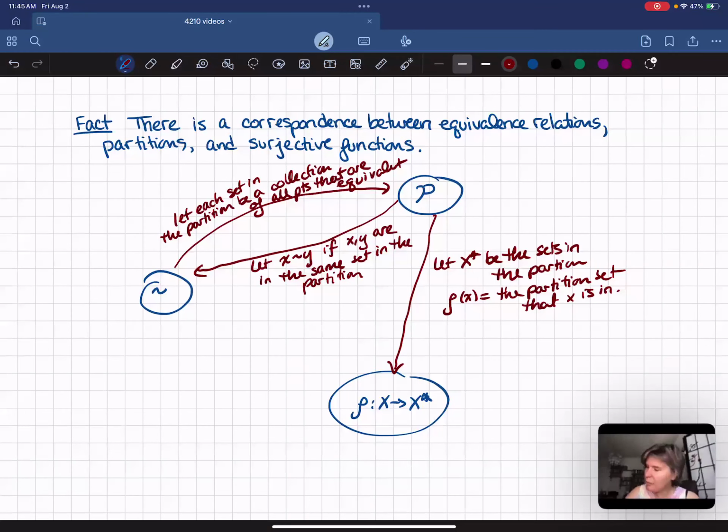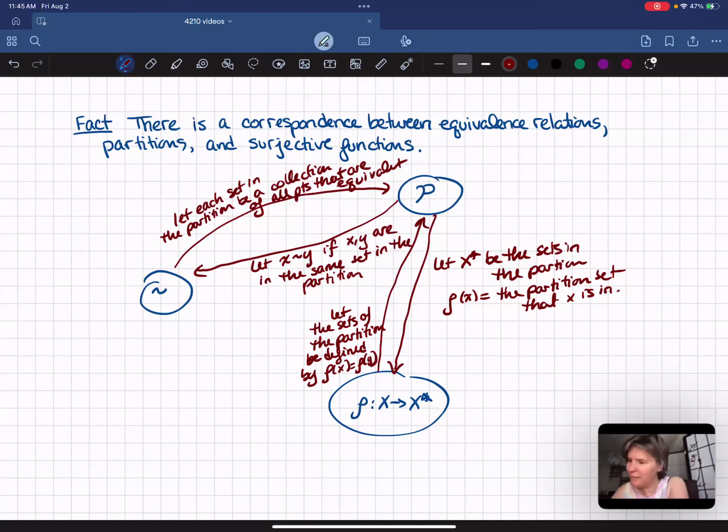And if I want to go the other way, I can let the sets of the partition be defined by when rho of X is equal to rho of Y. So, you know what, I'm gonna back that up because that was a little confusing way to say it.